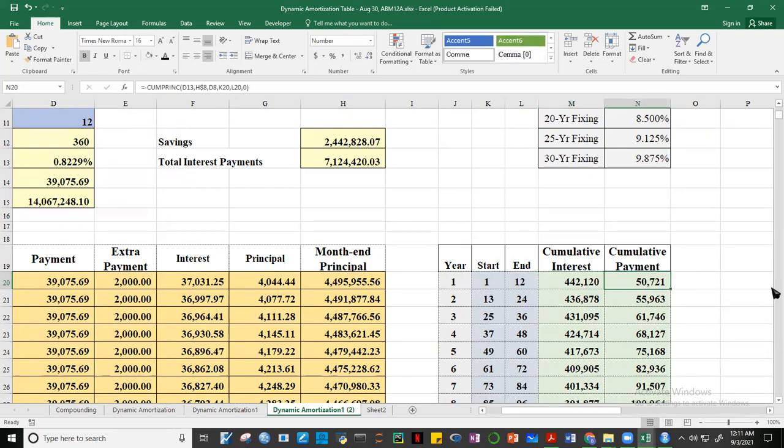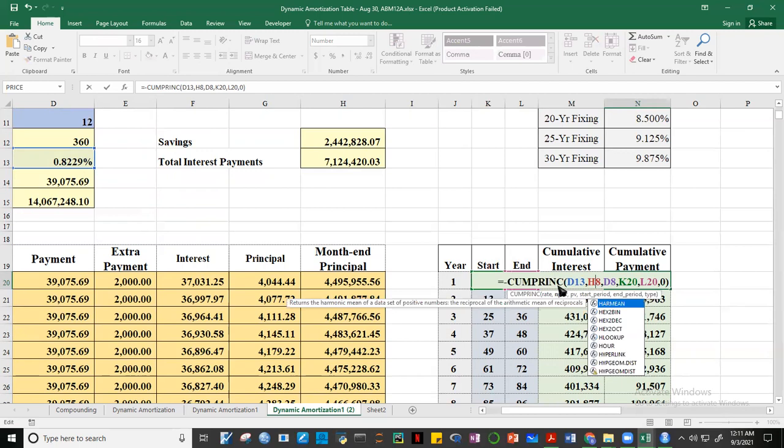And then our cumulative payment, everything is the same. The parameters are the same. Actually, we don't need to fix this yet because we're not going to apply this formula yet. Our formula will be different in the second row, no? Okay, then H8. This is your NPER, our new periods because of the additional payment.